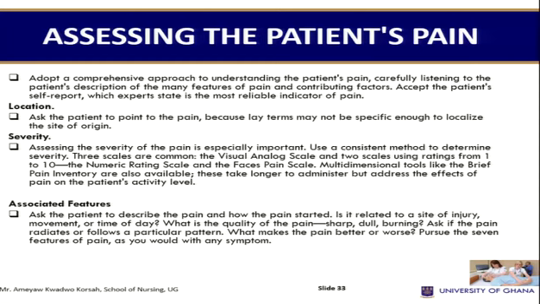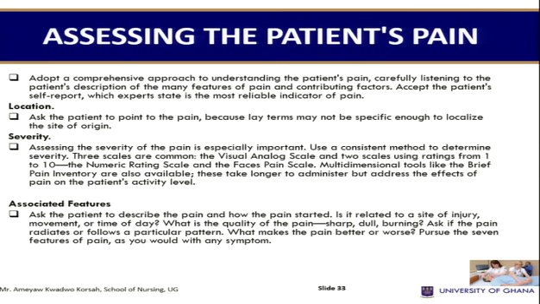Accept the patient's self-report, which experts state is the most reliable indicator of pain. Location: ask the patient to point to the pain, because lay terms may not be specific enough to localize the site of origin.